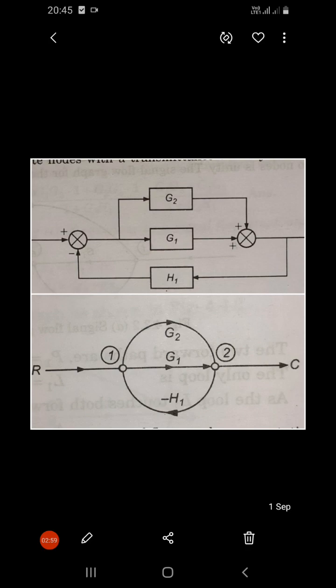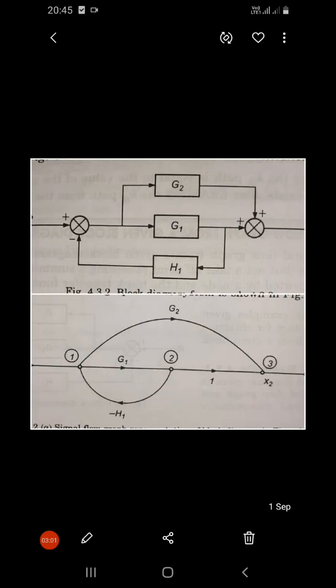Next, come to the next example. So students, see here, before the G1 block, the summing point and the takeoff point we can represent by a single node.